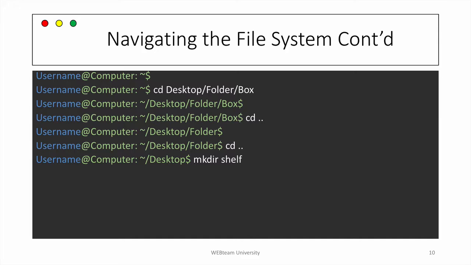I can make a new directory with the command mkdir, followed by the name of the directory I want to create. So here I'm issuing the command mkdir space shelf. What this is telling the computer is make a directory and call this directory shelf.